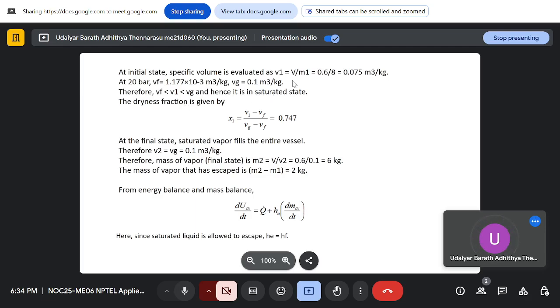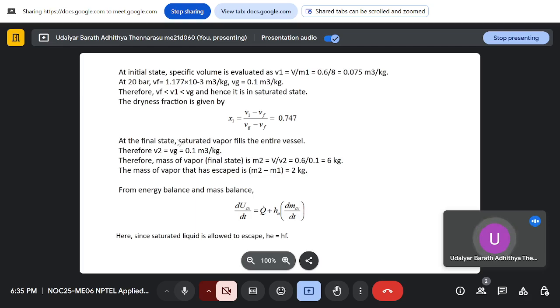We need to find the dryness fraction, the fraction of vapor present. So x1 is (v1 minus vf) divided by (vg minus vf). This gives 0.747, so close to 75% is vapor.